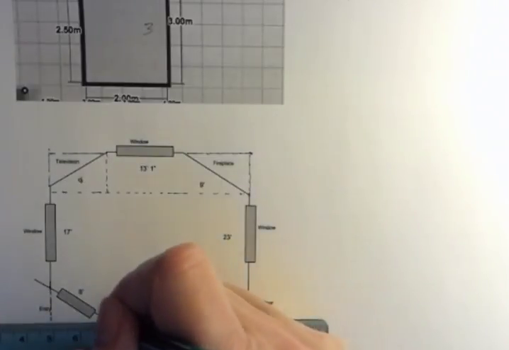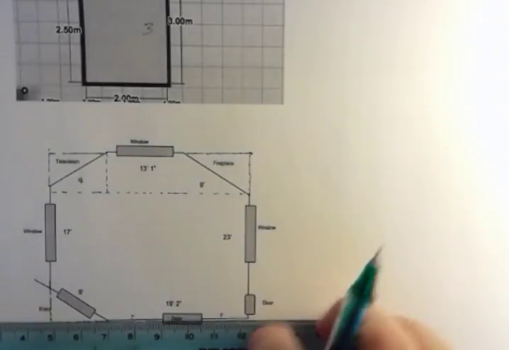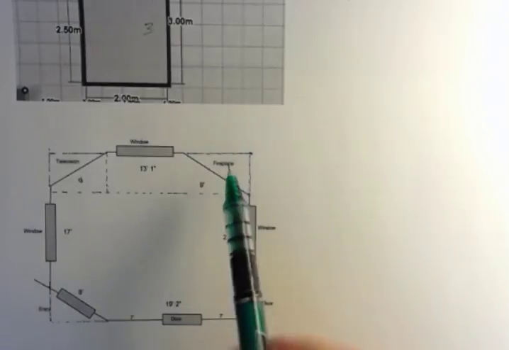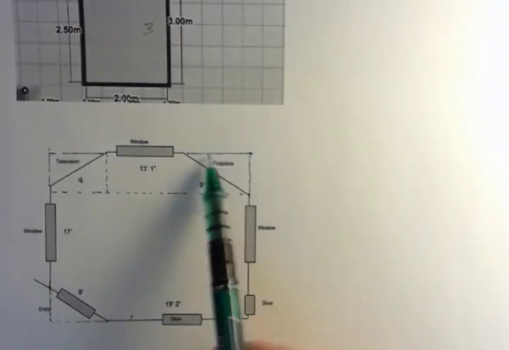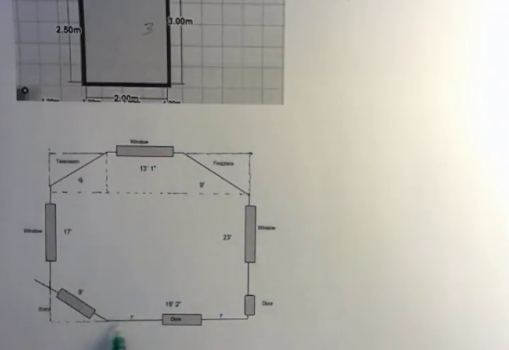Now, the shape you get, maybe you have a different way to go about it. Then I wanted to figure out, what would this be? Because if I knew this was 19 feet 2 inches, and I could figure this out, I could figure out that side overall. Well, this is 8 feet.